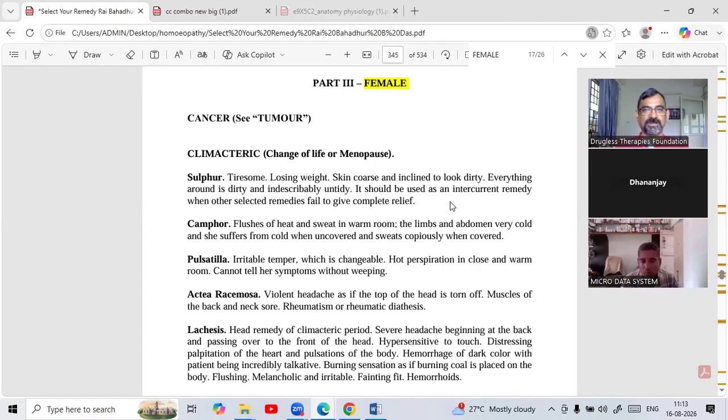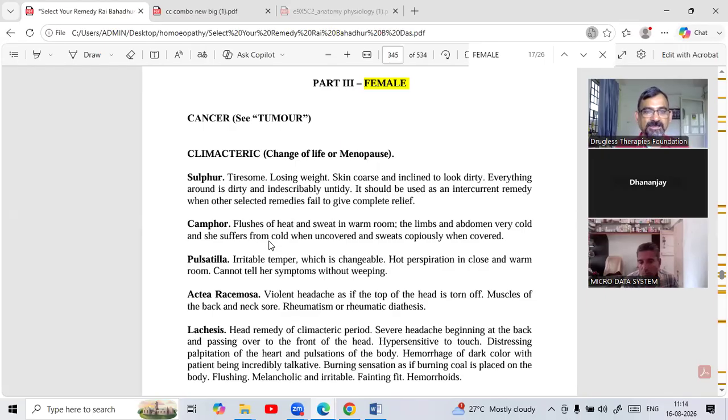It should be used as an intercurrent remedy, and when other selected remedies are given, like the first two, three remedies you can select. I already told you how you have to decide this remedy from Vishwambar Das.